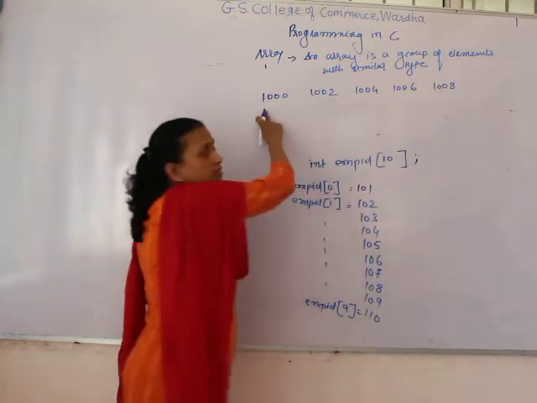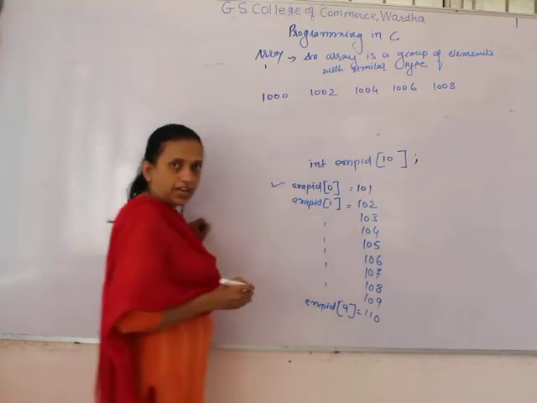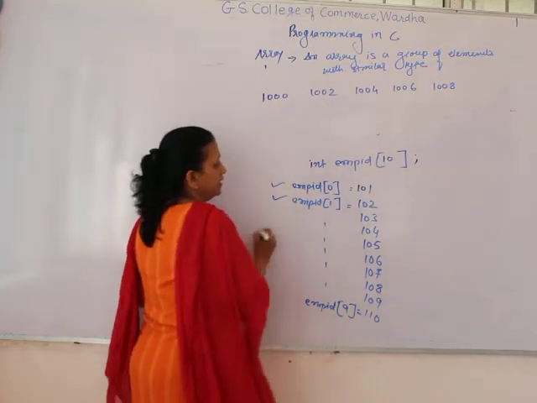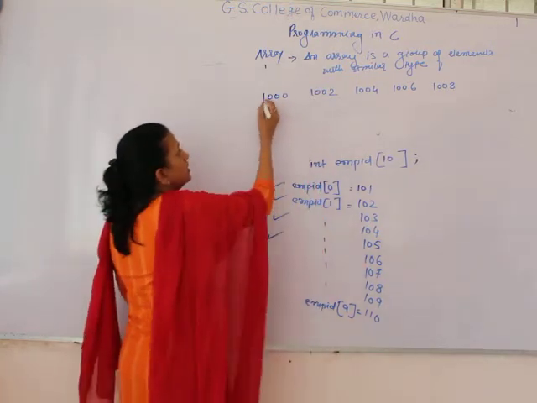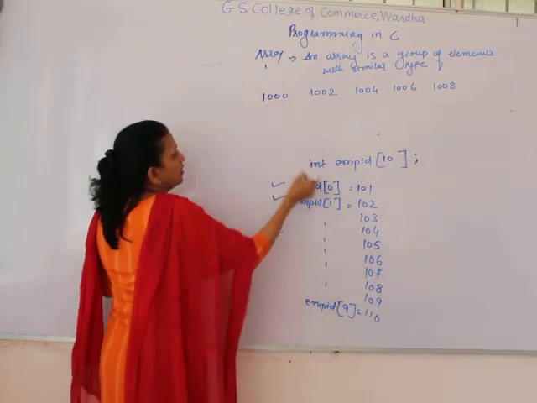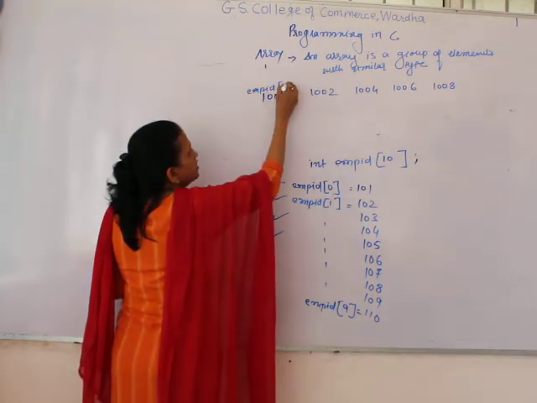Because 1000 and 1001 are for the first value, the first variable, then the second, third and fourth elements. So the first location's variable name is EMPID at 0.